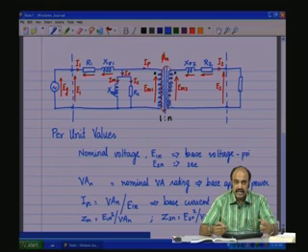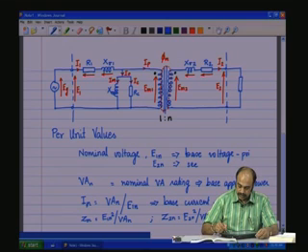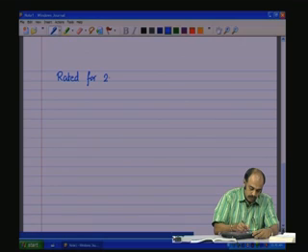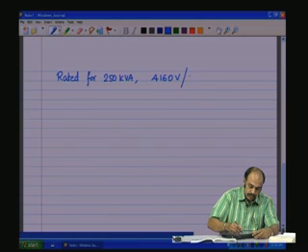Let us illustrate this with a simple example. Now, consider a transformer which is rated for 250 kVA, which has a primary voltage of 4160 volts to a secondary voltage of 480 volts, and it is a 50 hertz operation.